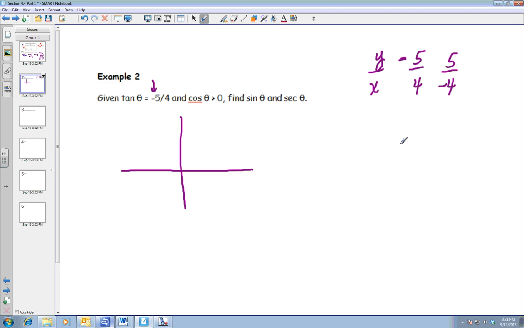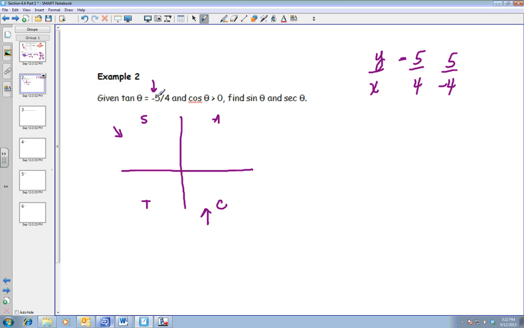So let's first look at this. Tangent is negative. All students take calculus. So the only two quadrants where tangent is negative are this one right here and this one right here, because everything's positive here, tangent's positive here. So second or fourth quadrant are my choices.